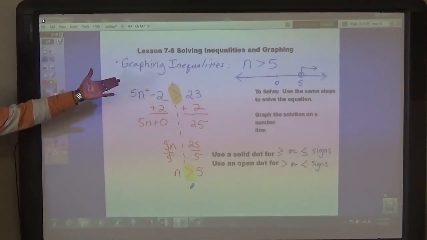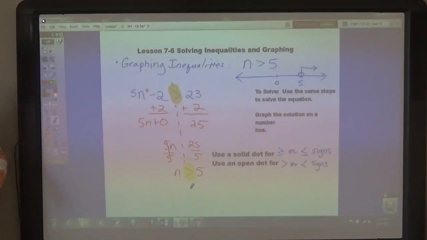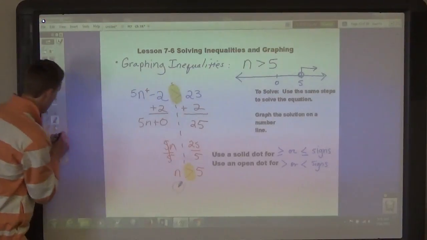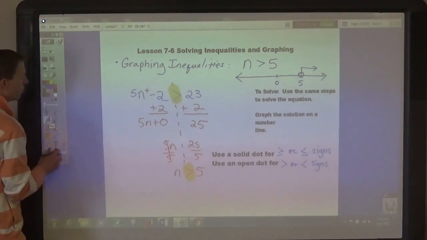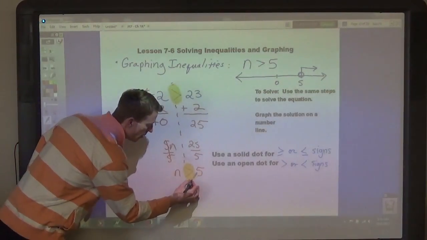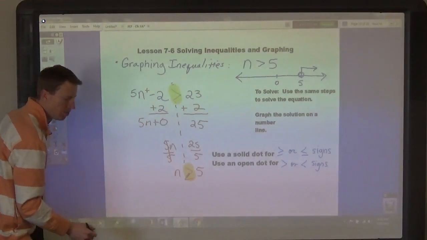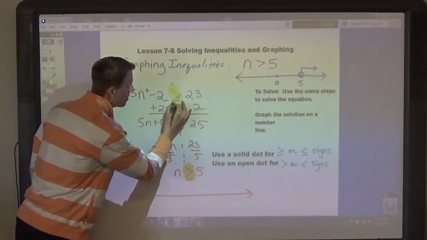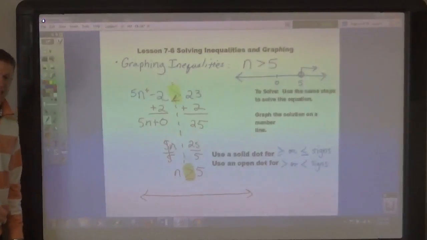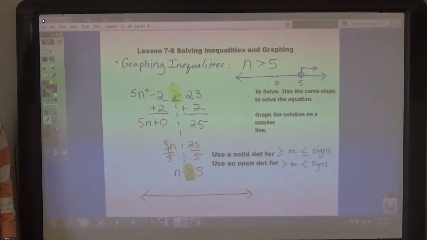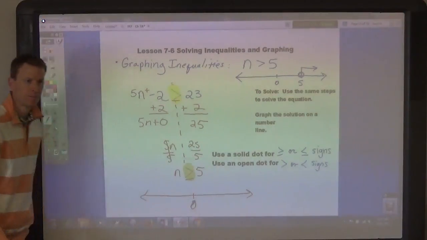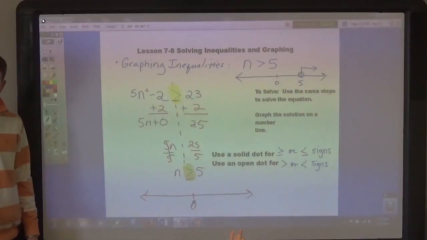And then you know what the graph already looks like. If it said n is greater than or equal to 5, how would that look different? What if this was the symbol? We would use this symbol if that's the original symbol in the equation. How would that graph look different? Yep.